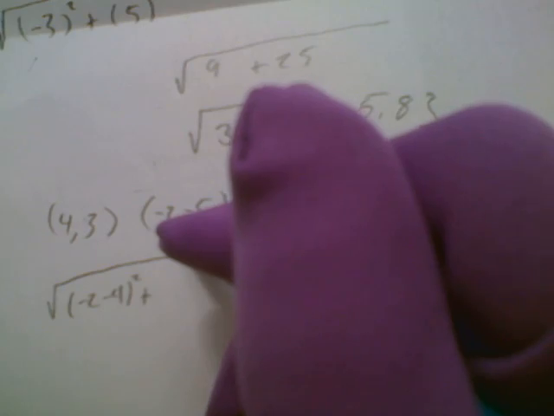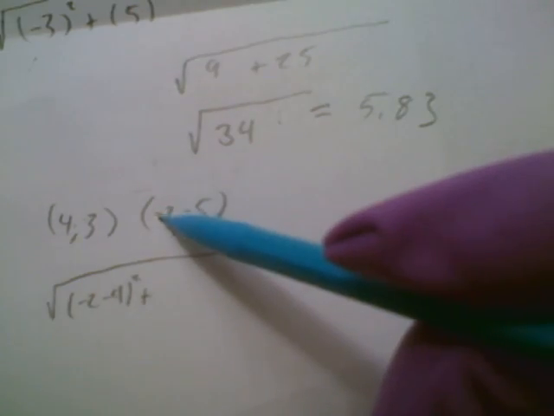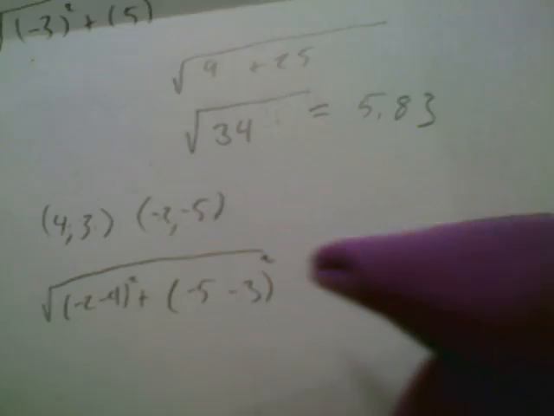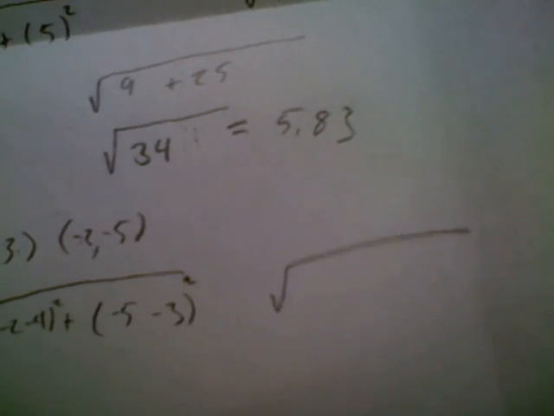So the first part is (-2 minus 4) squared, that's x1 minus x2 squared, plus (-5 minus 3) squared, that's y1 minus y2 squared. Now we're going to reverse it over here.